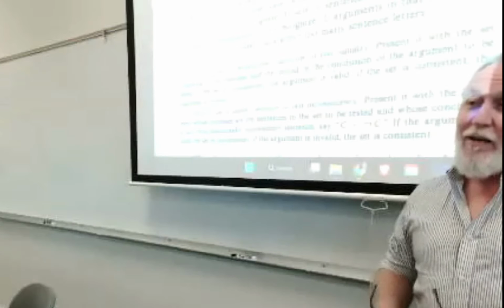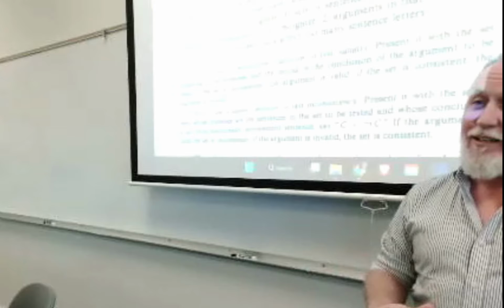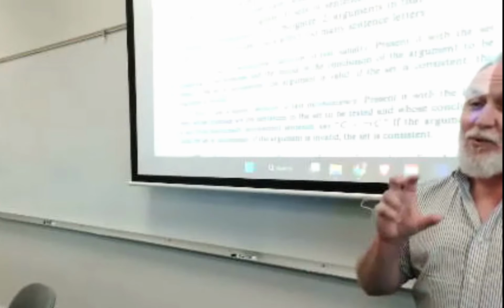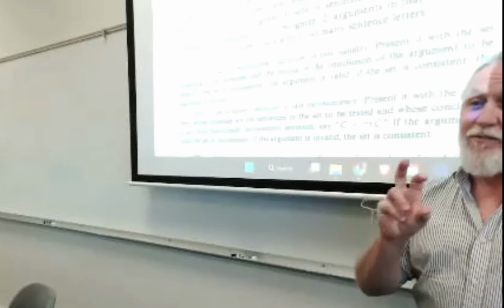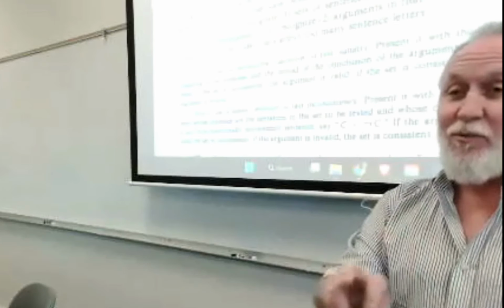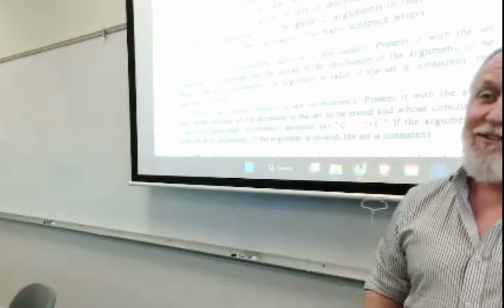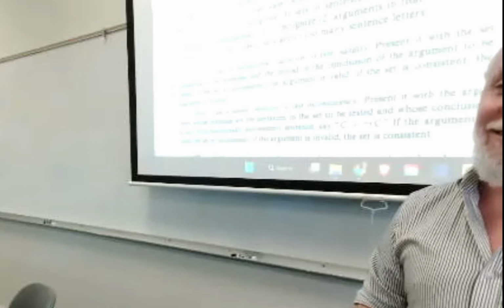Mm-hmm. And more than that, it doesn't just test whether it is consistent or not. If it is consistent, it gives you a model. It gives you the values, the interpretation that makes the set of propositions consistent. Right.